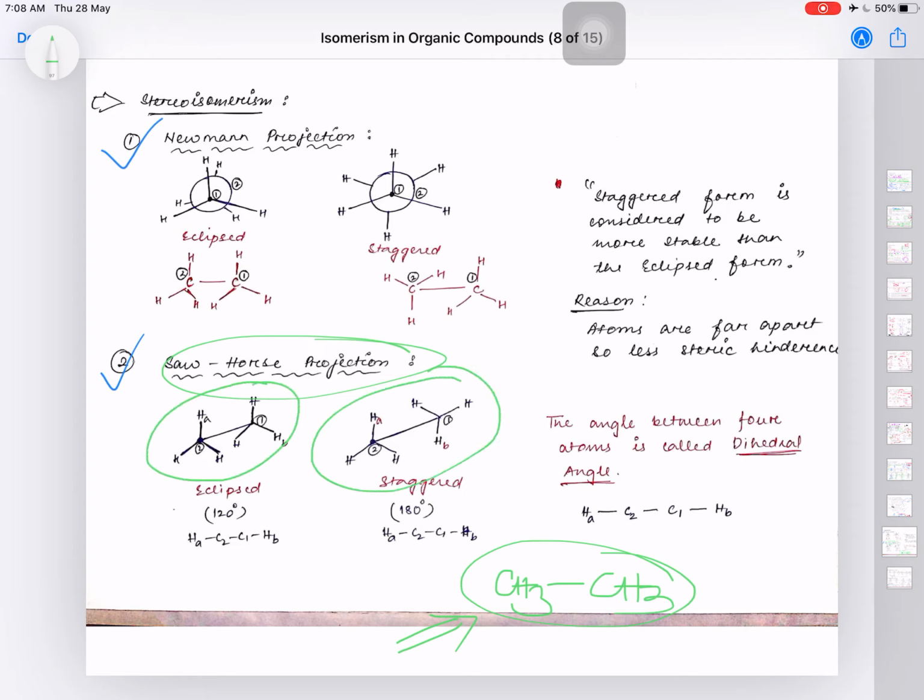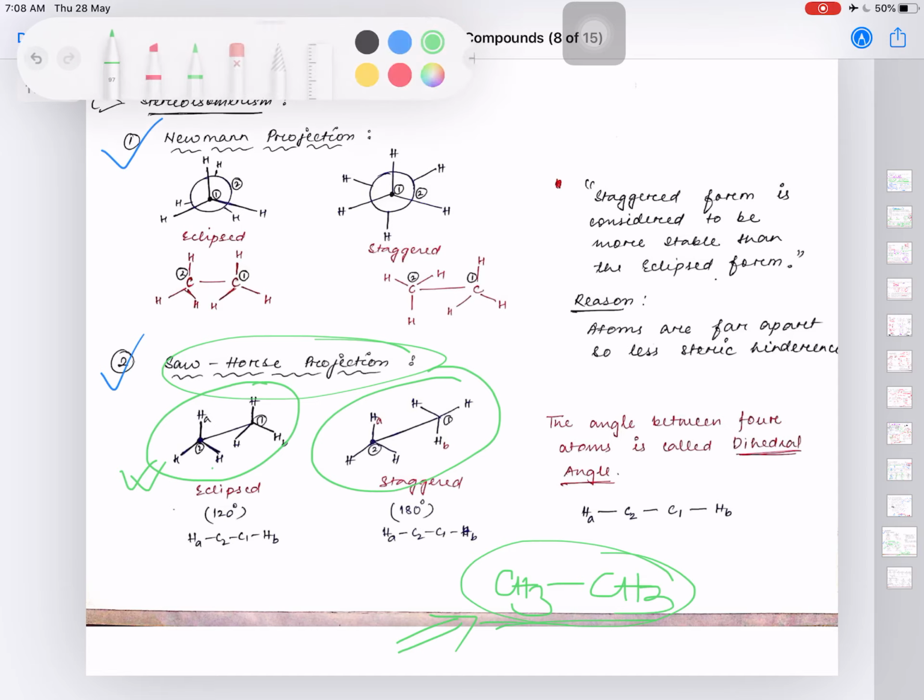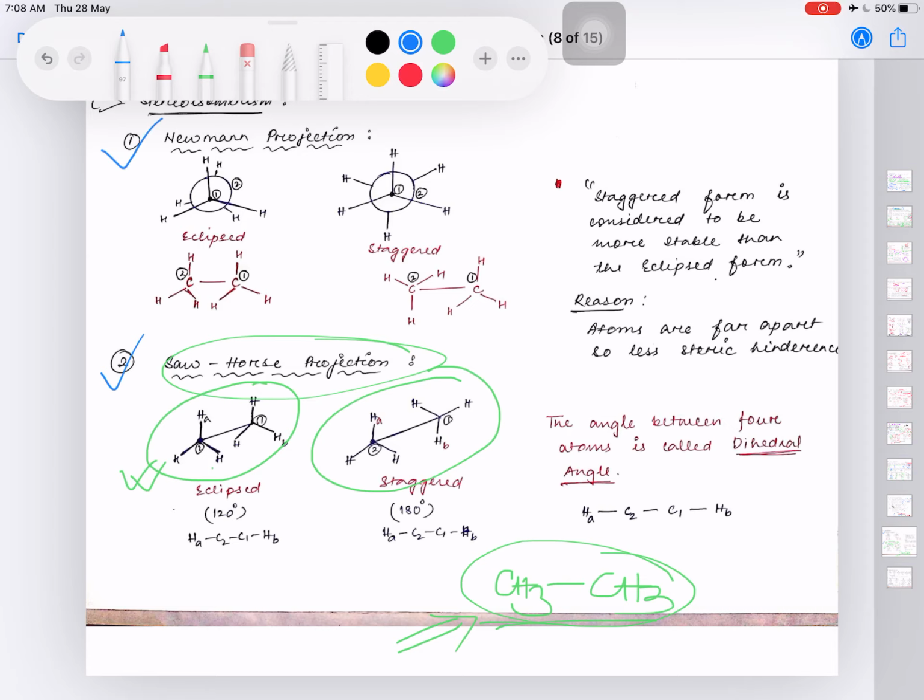It looks like a horse with two front legs upside, just like a unicorn standing on two legs. So this ethane molecule will be visible like this. This type of representation of the ethane molecule is called a sawhorse representation.